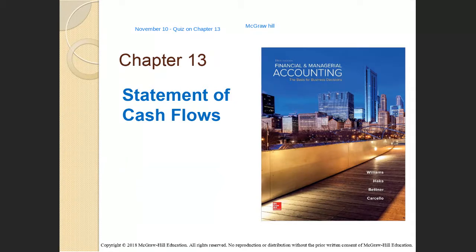We've been talking about the statement of cash flows, and we know it's a very different financial statement. It is a required financial statement according to GAAP, and it has 3 sections. The operating section is the most detailed section, the one we've been working on. Then we have the investing section, and the third section is the financing section. In each of those sections, we summarize what the sources and uses of cash were over the past year.